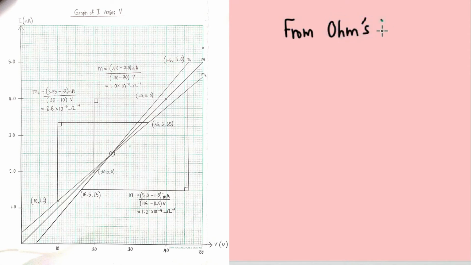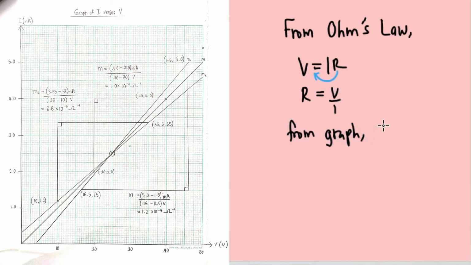From Ohm's law, we get the equation V equals IR. R can be found by moving I to the other side, so R equals V over I. From the graph, the slope is I over V, the graph that we sketched just now. Therefore, the slope means 1 over R, so to find R it is 1 over the slope.